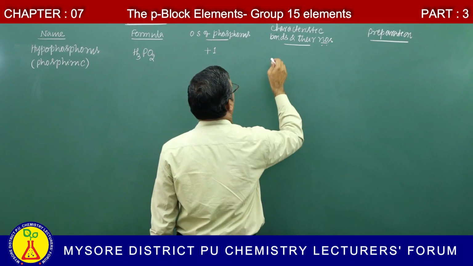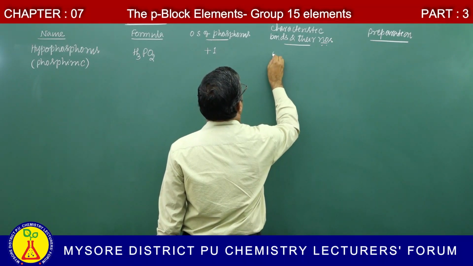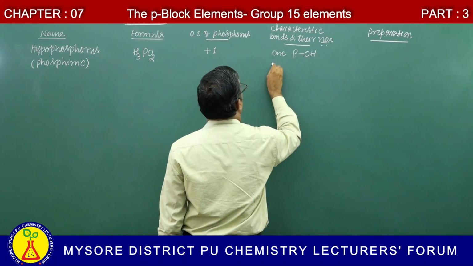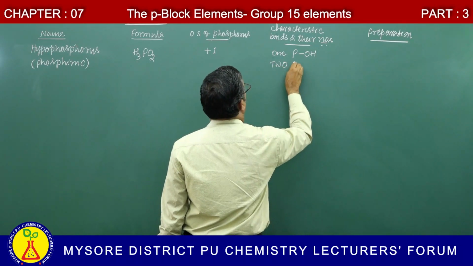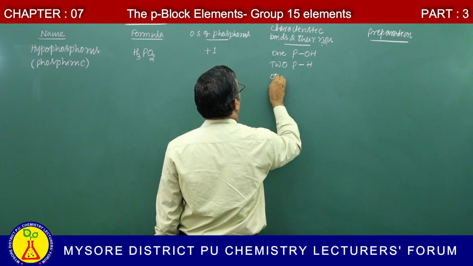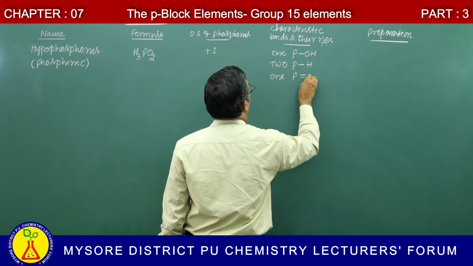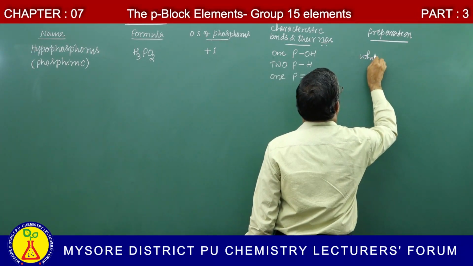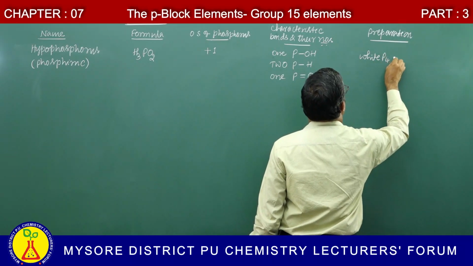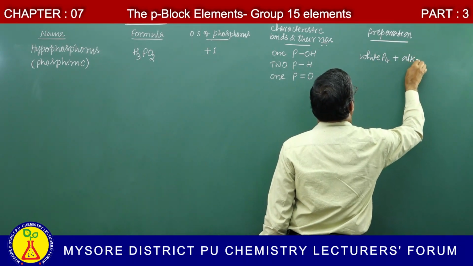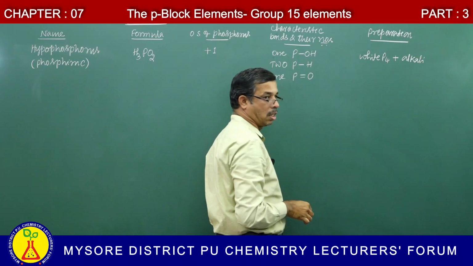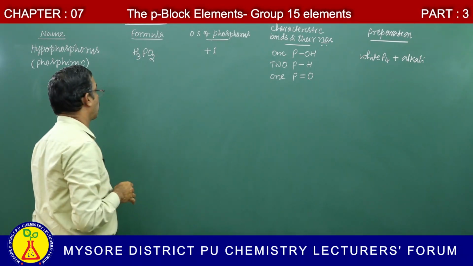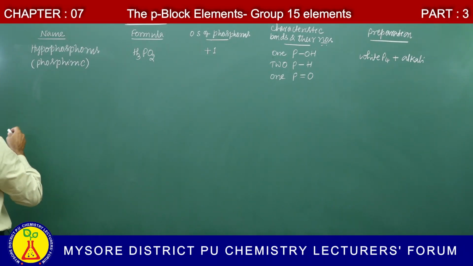Characteristic bonds and their numbers: 1 POH bond, 2 PH bonds and 1 P double bond O bond. And preparation: white phosphorus plus alkali. When white phosphorus is treated with alkali, we obtain hypophosphorus acid.